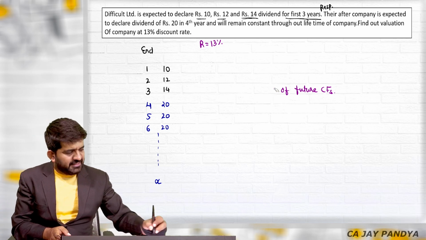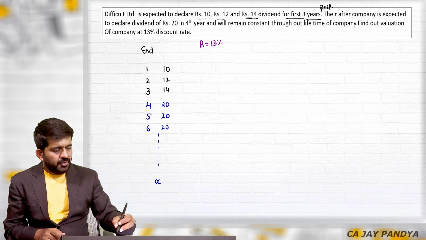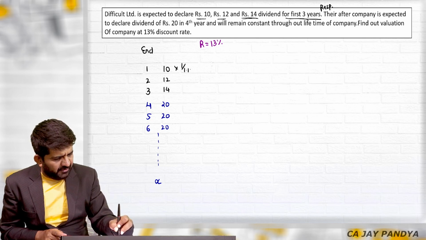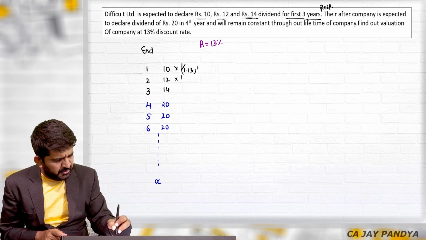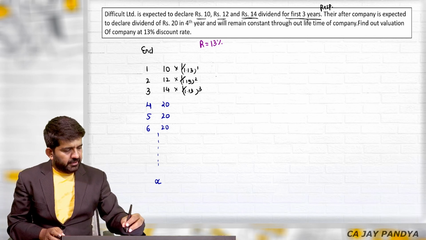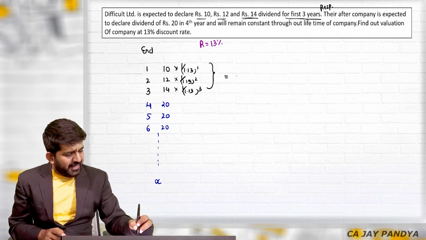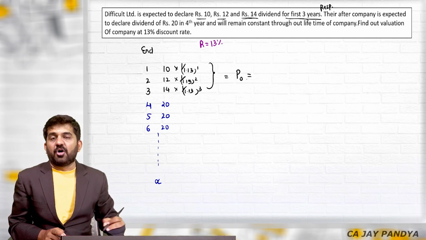First is this easy part, black color part. It is 1 divided by 1.13 raised to 1, 1 divided by 1.13 raised to 2, 1 divided by 1.13 raised to 3. I will be getting this answer by simple use of a calculator, and it will be the value at the end of 0 year.